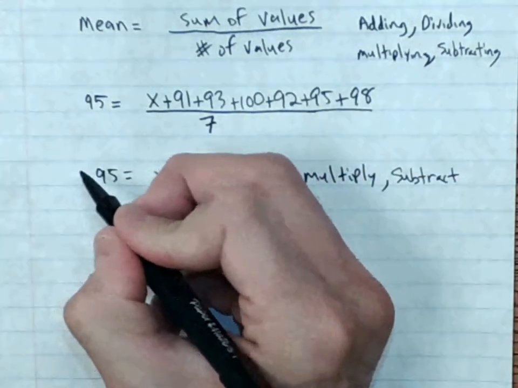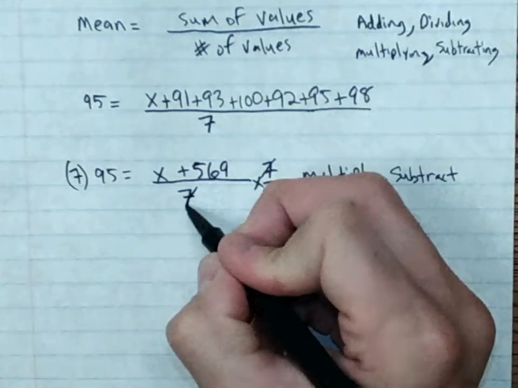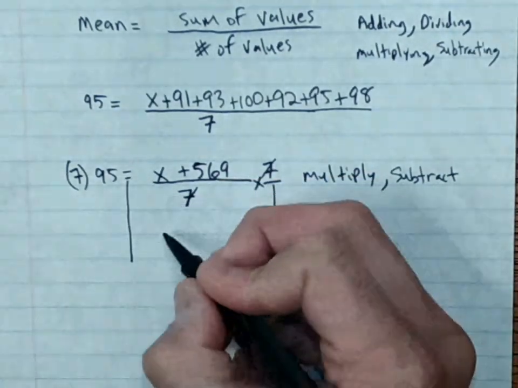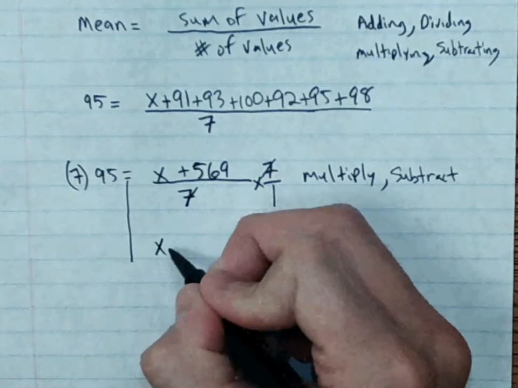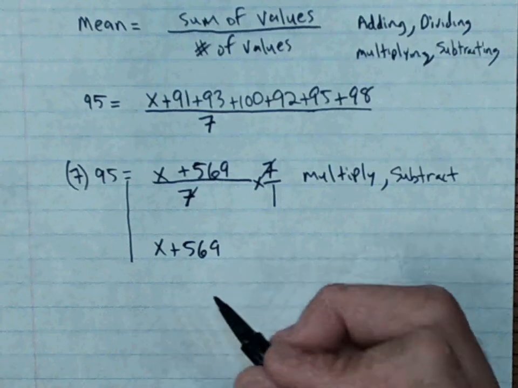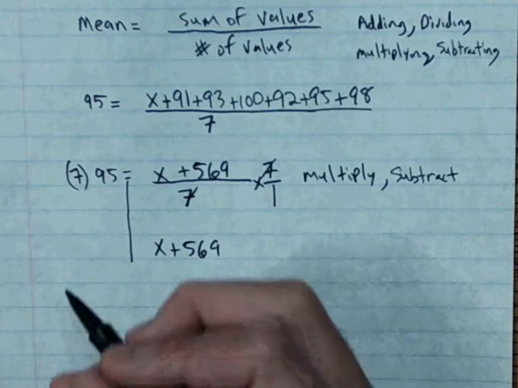But I have to do the same to each side. These two will cancel out. And then with my calculator, it comes out to 665.